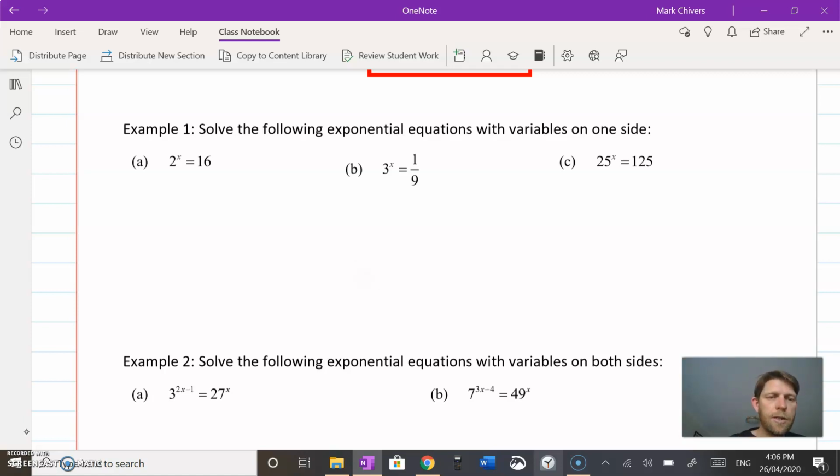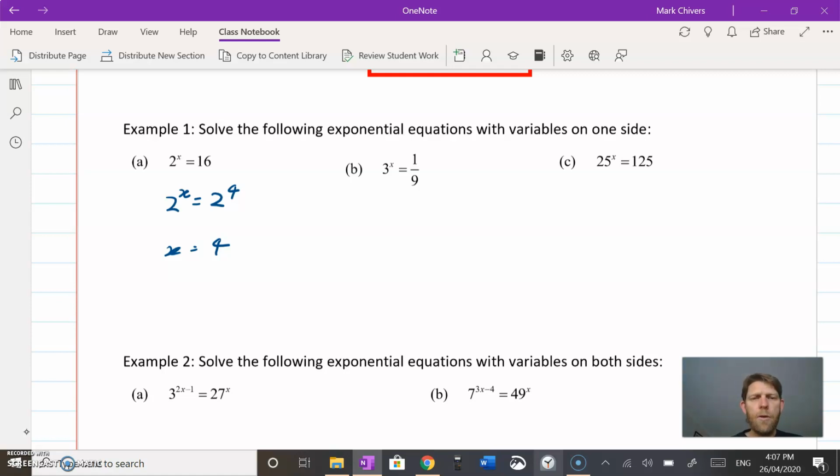So 16 equals 2 to the power of 4. So therefore, for 2 to the power of x to equal 2 to the power of 4, the only possible way that's going to happen is if x equals 4. Otherwise, any other number you substitute in for x, aside from 4, you're not going to get the right answer.